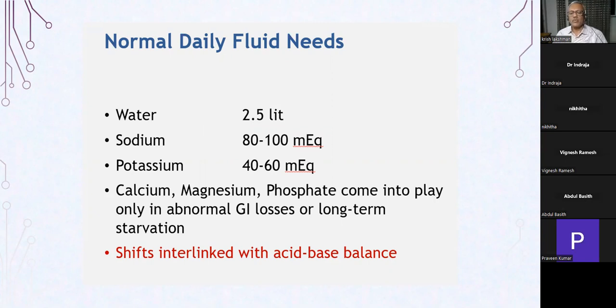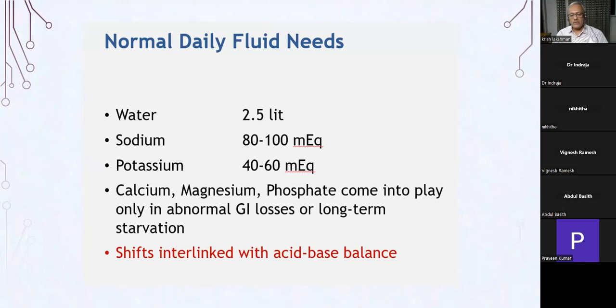Without a normal pH, several systems in the body do not work properly, including myocardial contractility or functioning of enzymes. So everything needs homeostasis, which is normal pH and a normal electrolyte content.